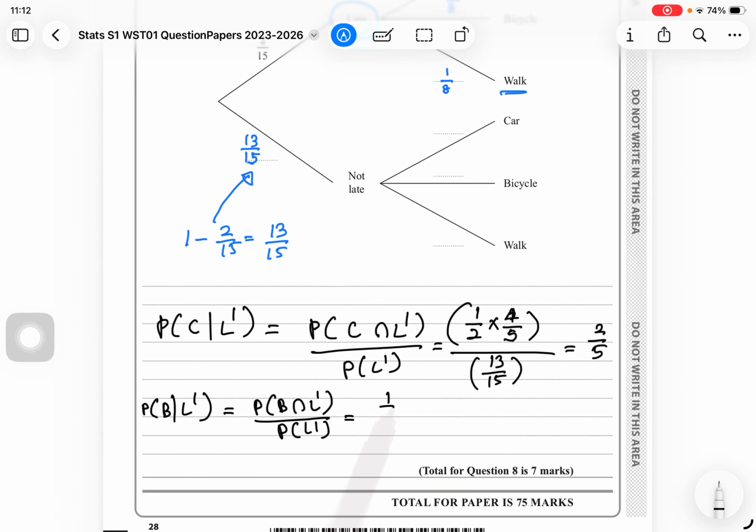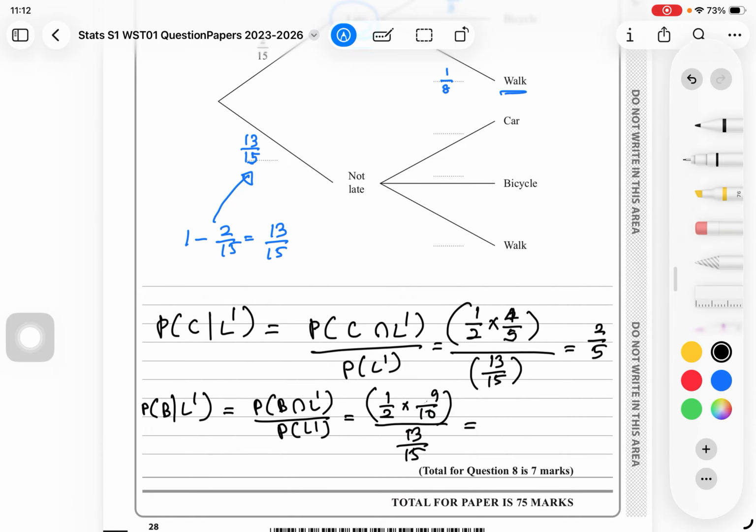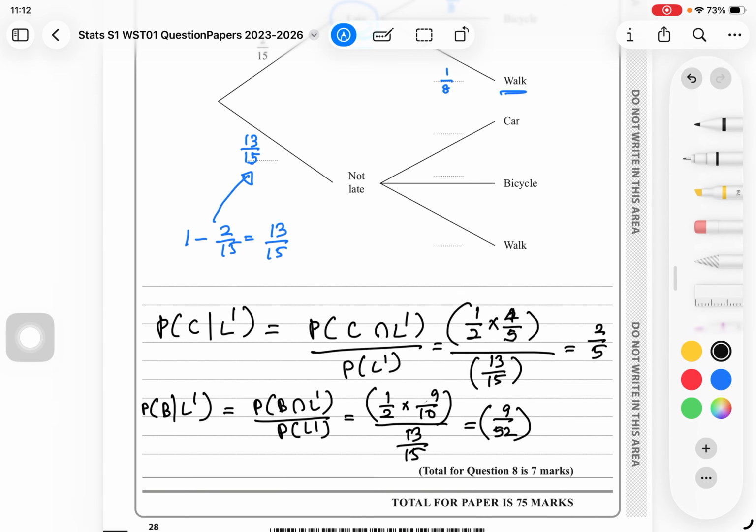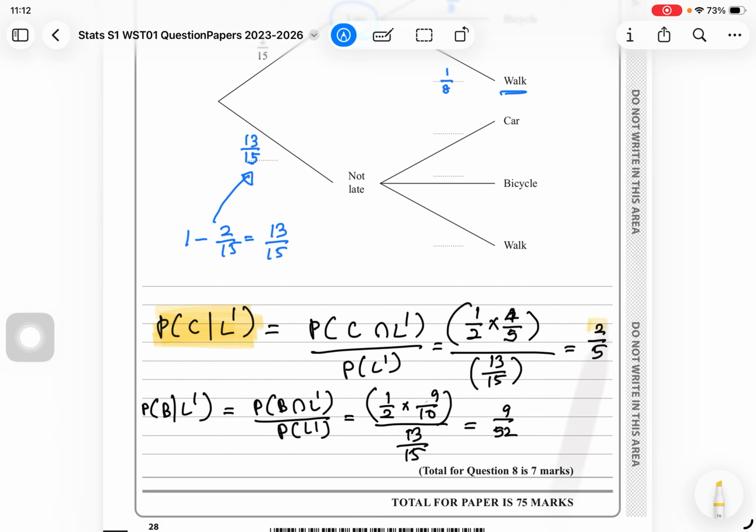So here also it will be 1/6 times 9/10 divided by 13/15, which will again give you a similar value, which is 9/52. Okay, this is one more answer. So if I quickly add it up, this answer is this.